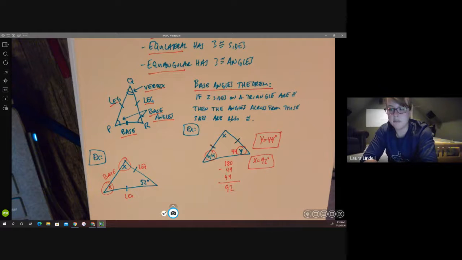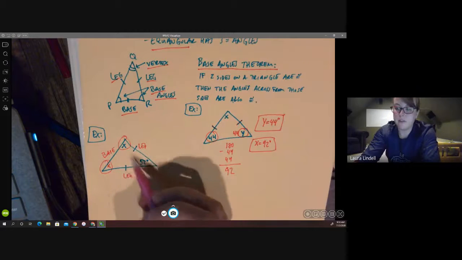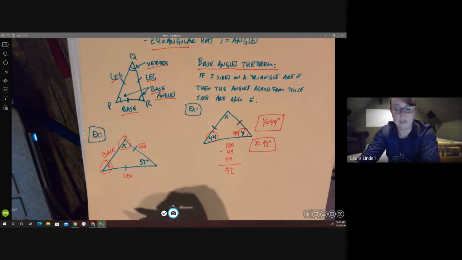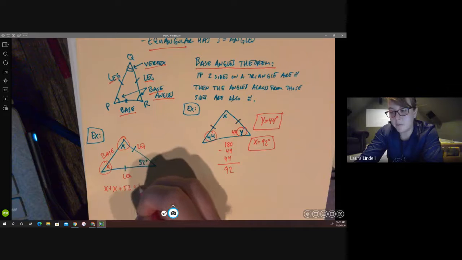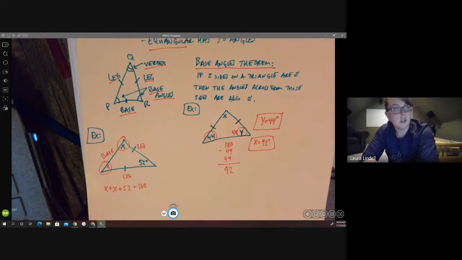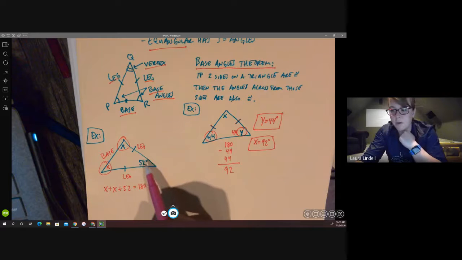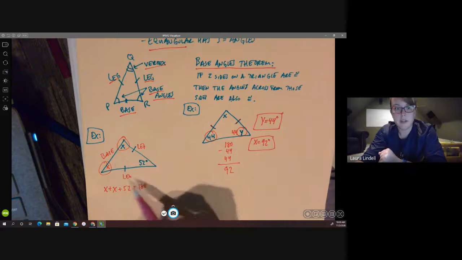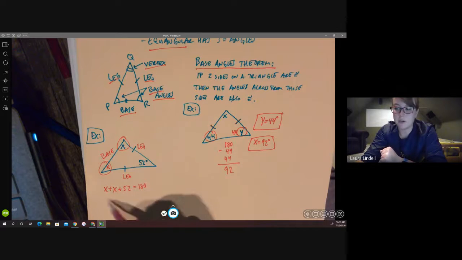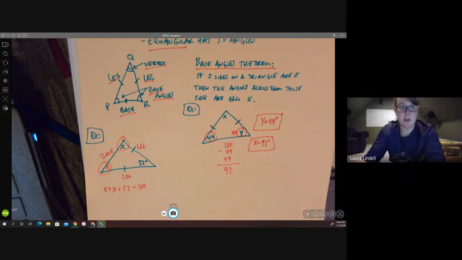So there's a couple ways you can think of this one. You could add all three of these and set it equal to 180. So you can go x plus x plus 52 equals 180. Or you could just think in your head, okay, if I subtract 52 off of 180 and then cut it in half, that would give me both of my angles. Because that's essentially what we're going to do here. So if you would rather go 180 minus 52 and then divide by 2, that's one way you can do it.